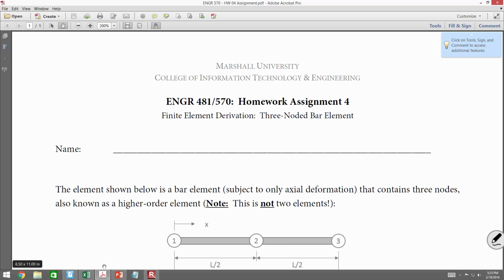All right, so here's this. One thing I will say, this is probably the only homework we will have in this class that is not an Excel homework.